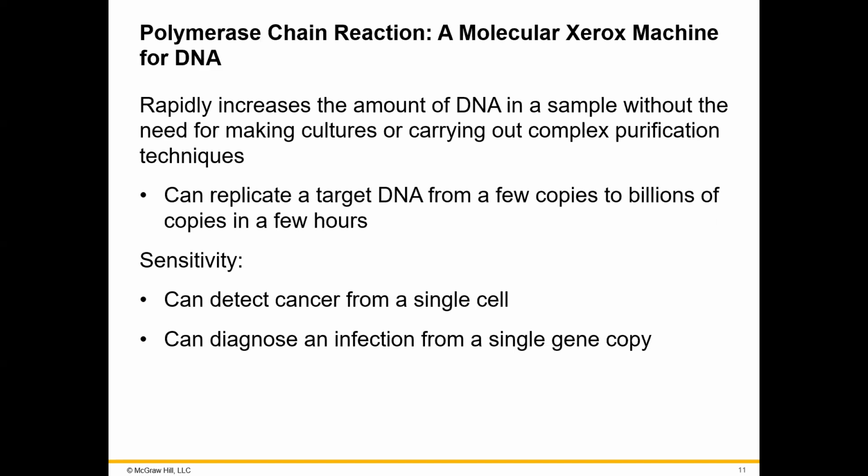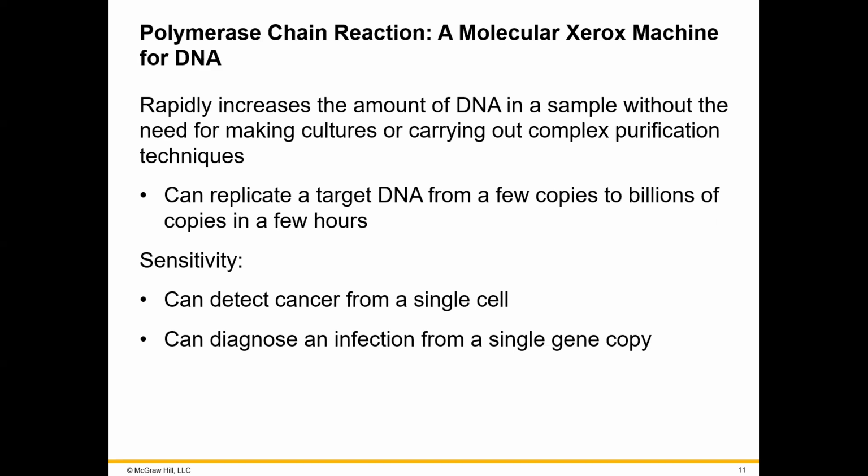It's very sensitive. It can detect cancer from only one cell. So if you have one cell in the area that we sampled that happens to be a cancerous cell, as long as we got that one cell, we got you covered. We can tell you whether you have cancer or not. It can also diagnose an infection from one gene copy. One gene copy means one piece of DNA.